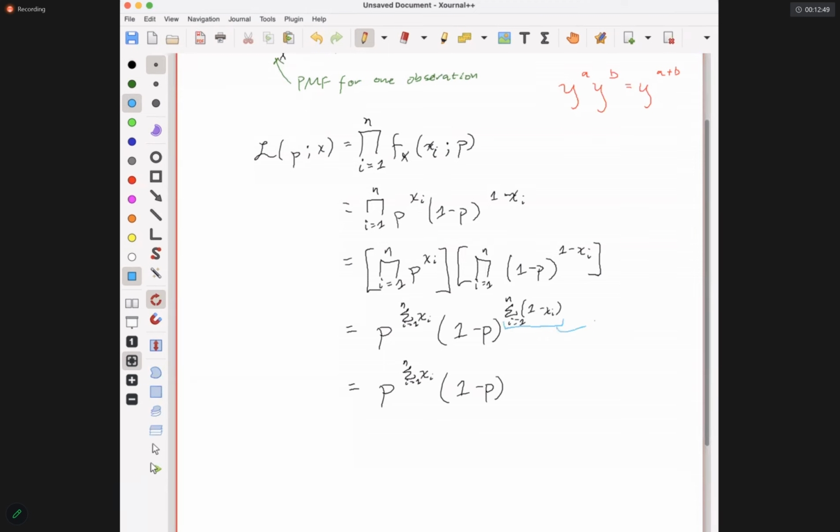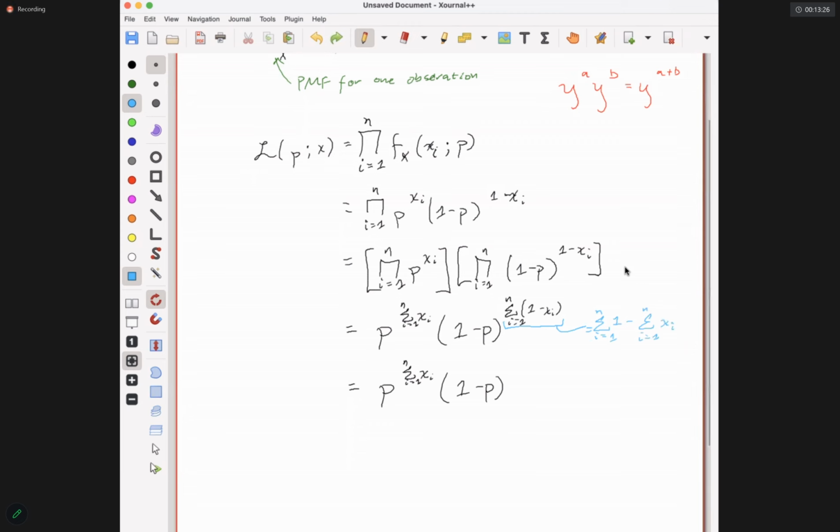So if I'm looking at just this exponent here, I'm taking the sum of all of these values of 1 minus xi, and here I'm doing a sum over a sum. So I can distribute the sum inside if I want. That's just associativity. So I can say that this is the sum from i equals 1 to n of 1 minus the sum from i equals 1 to n of xi.